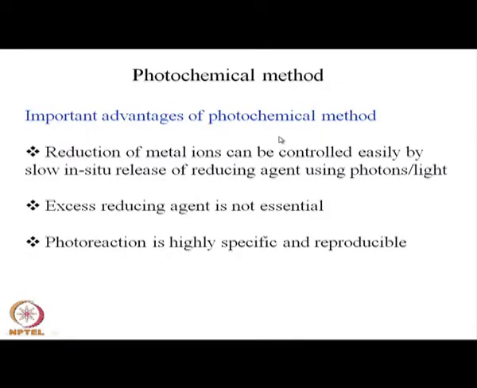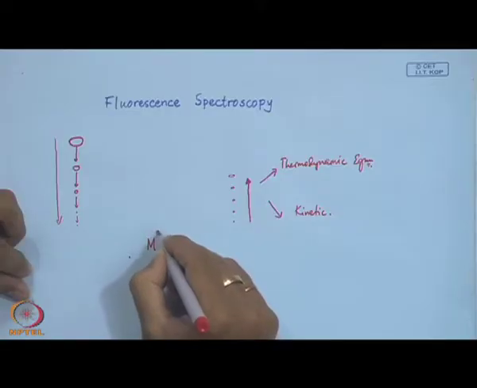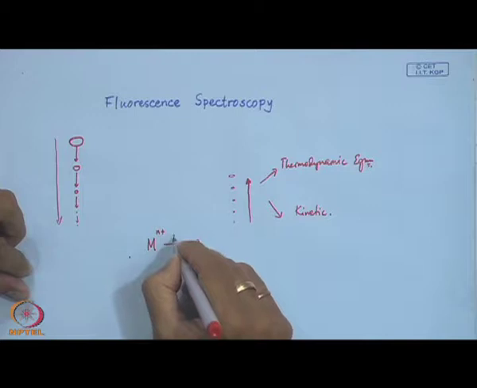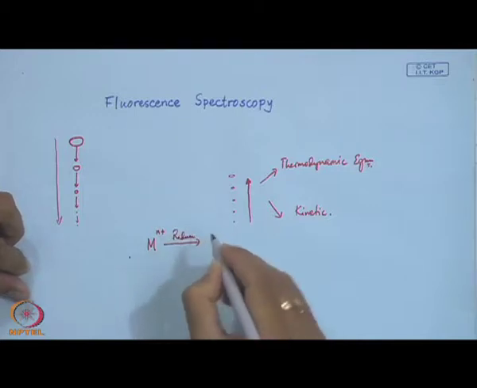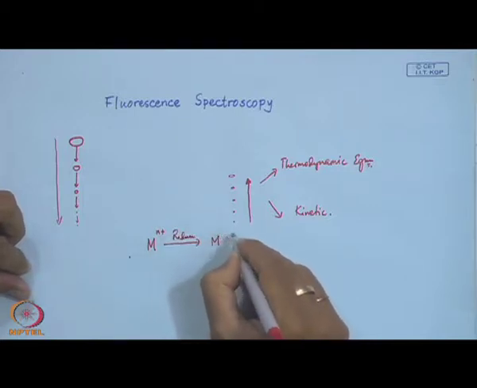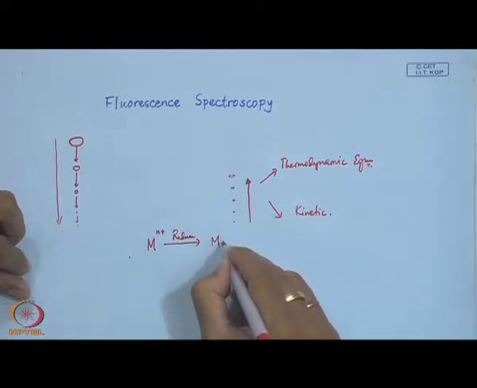Now, regarding photochemical method, as I told you, an important advantage is that when you want to synthesize nanomaterial, which is an uncharged system, suppose you start with some ion M^n+, then you reduce, so you generate M, and then this M will ultimately cluster with each other.